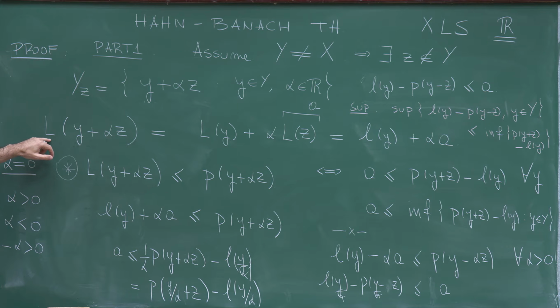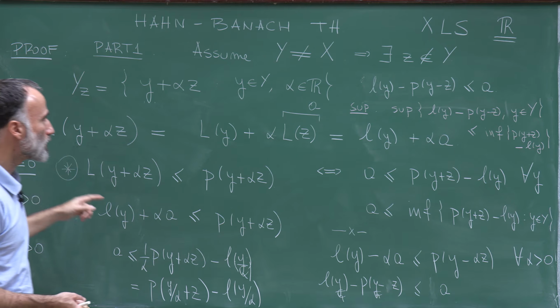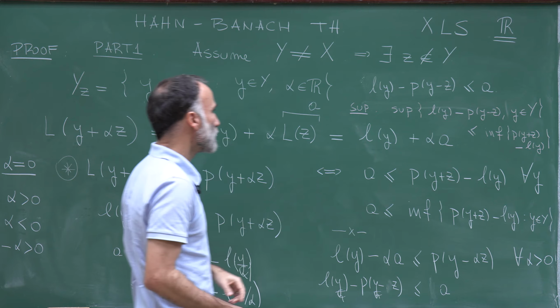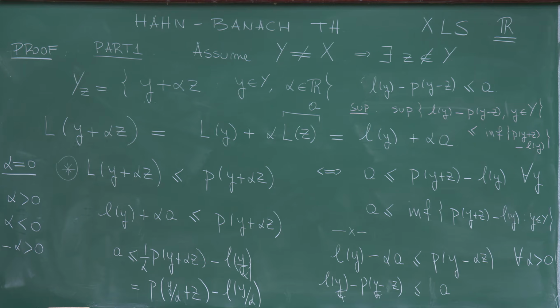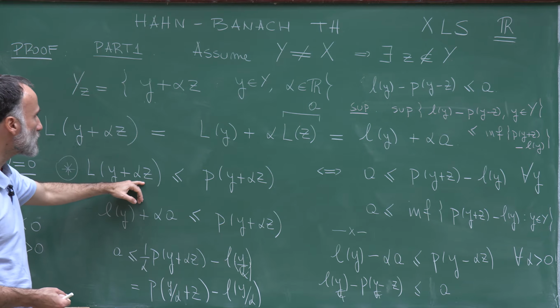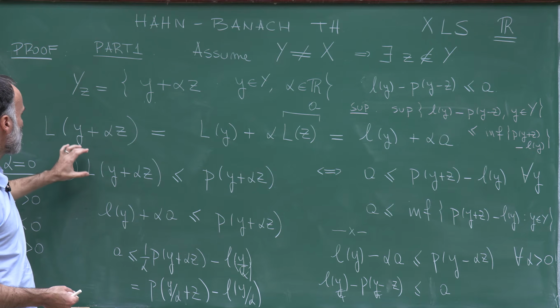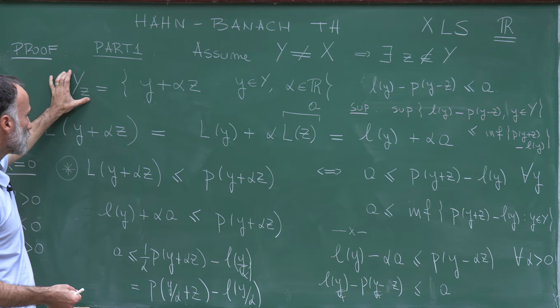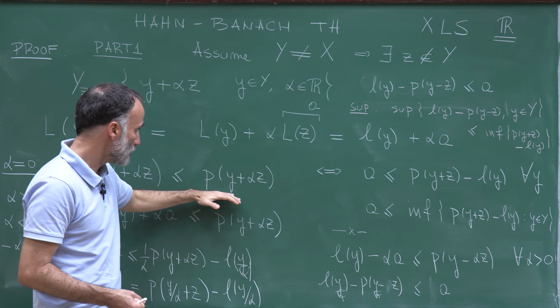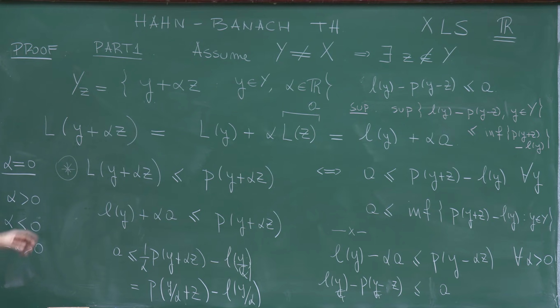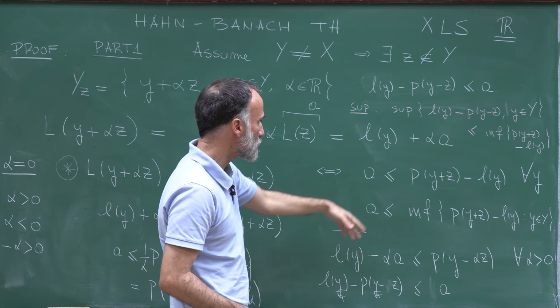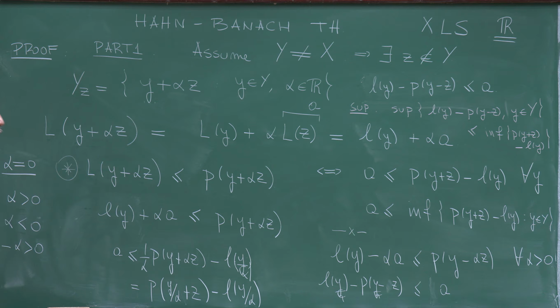The L I obtained is linear. It's equal to small l on the set Y. And moreover, this computation we just did shows that L of y plus alpha z, this functional which is now defined on Y plus z, is still bounded by p on the set Y plus z, because A has been chosen for that to hold.